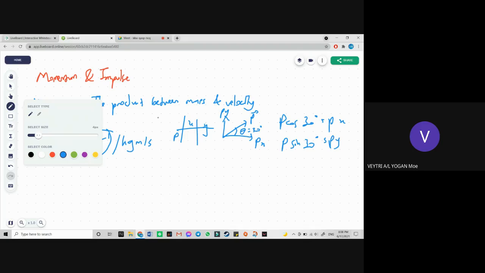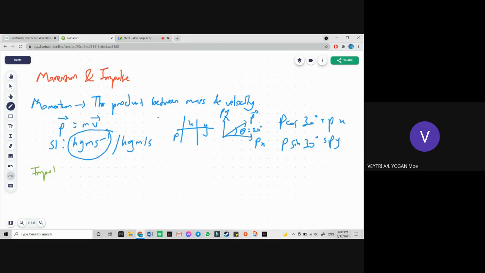The second part, let me use green. The second part is impulse. When we talk about impulse, it is basically defined as the product of force and time. If you don't know, don't worry. There is a formula: J equals Ft.